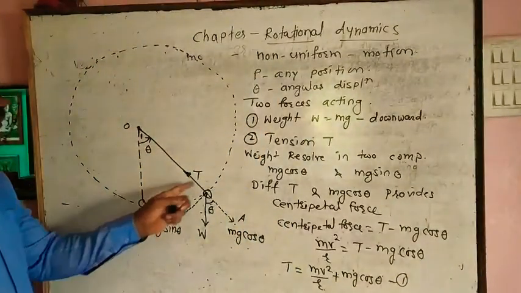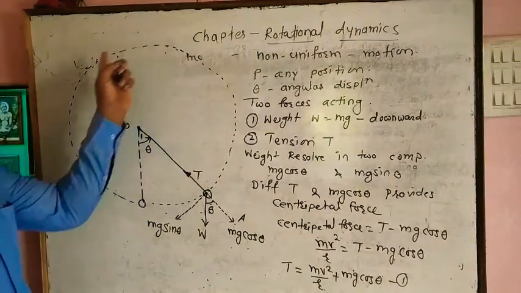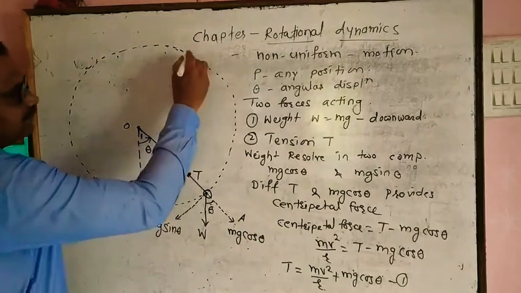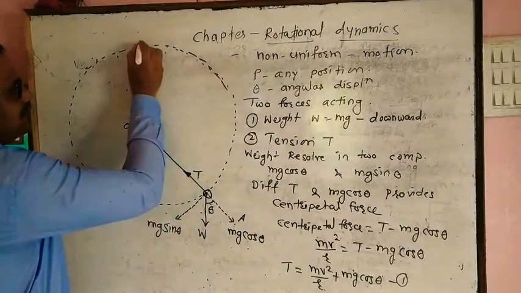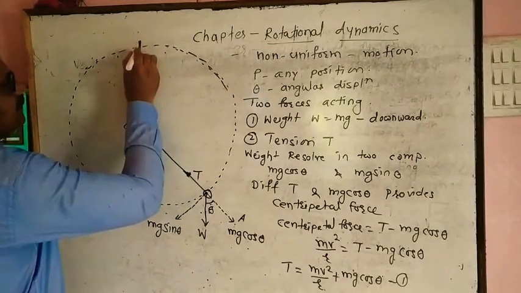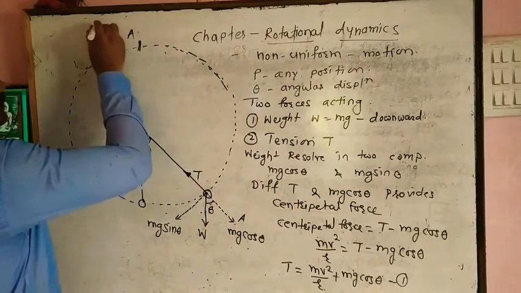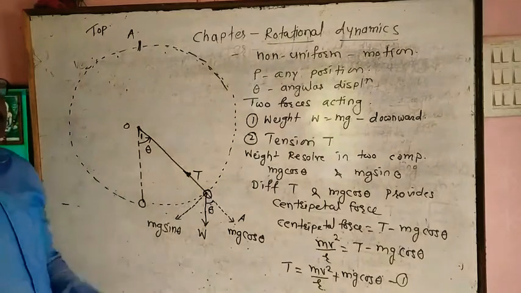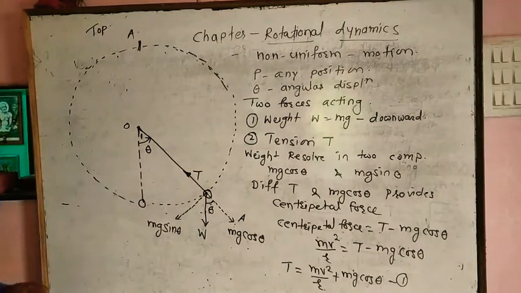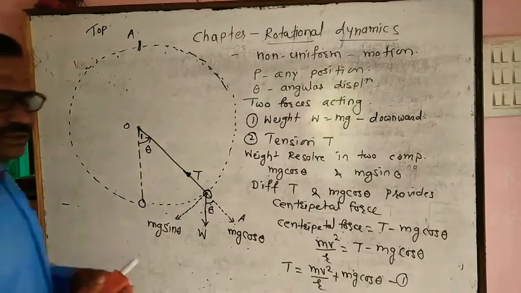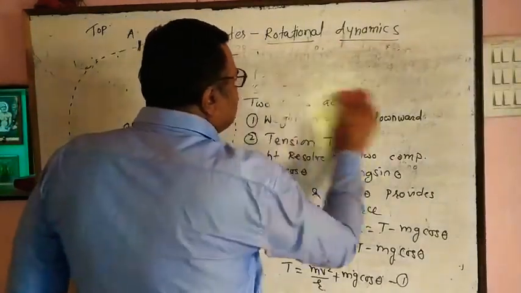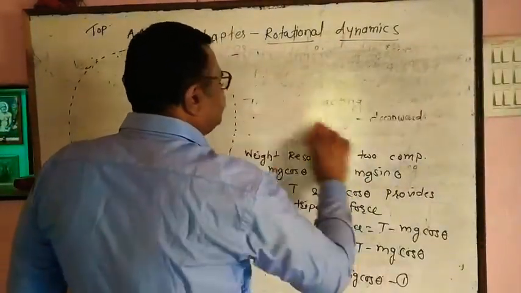When an object is moving along the circumference of a circle in a vertical plane, at the top position, suppose that position is A. This is the top position. At the top position, the string must be stretched. The string must be taut, or the tension in the string must be 0.